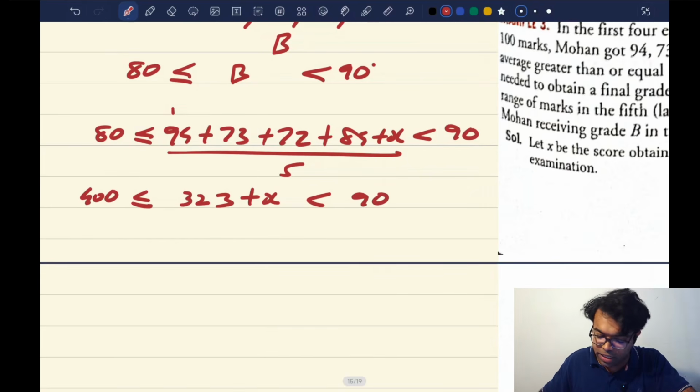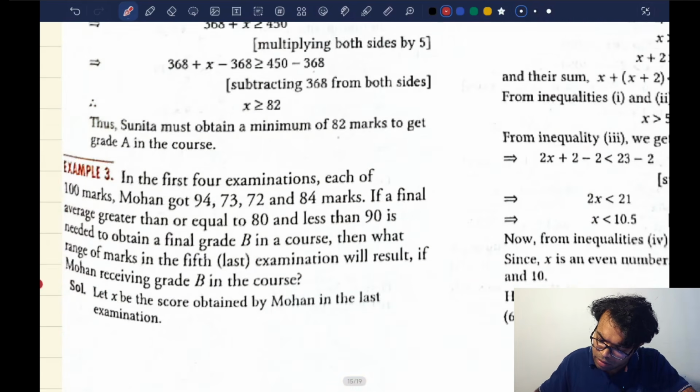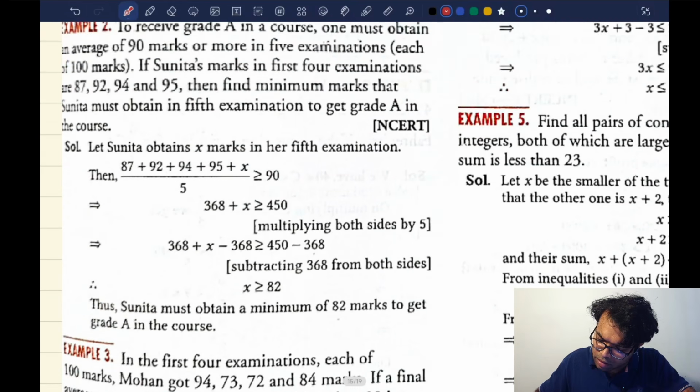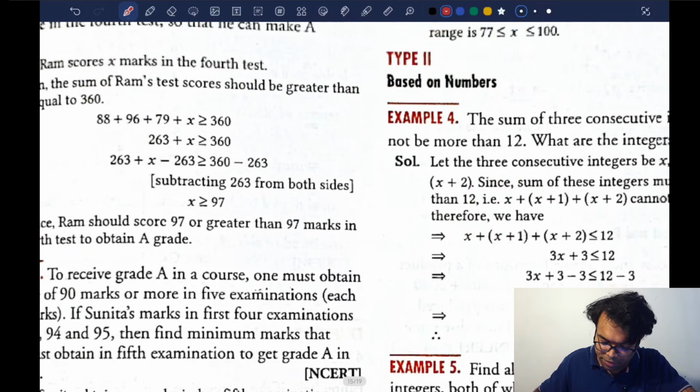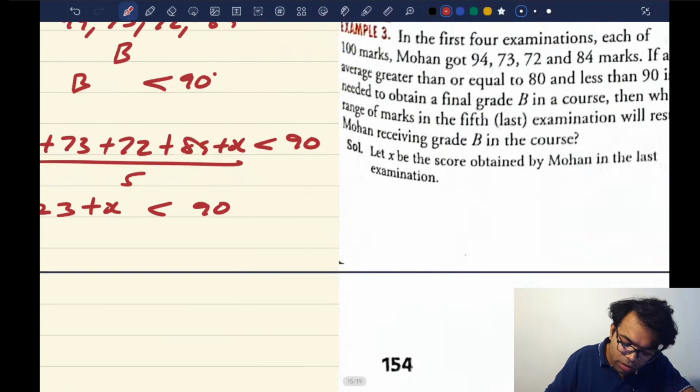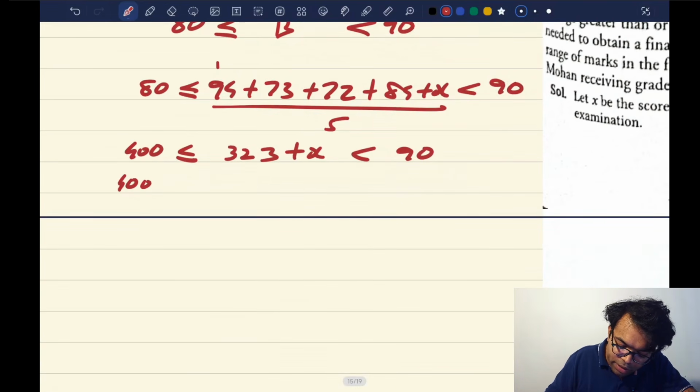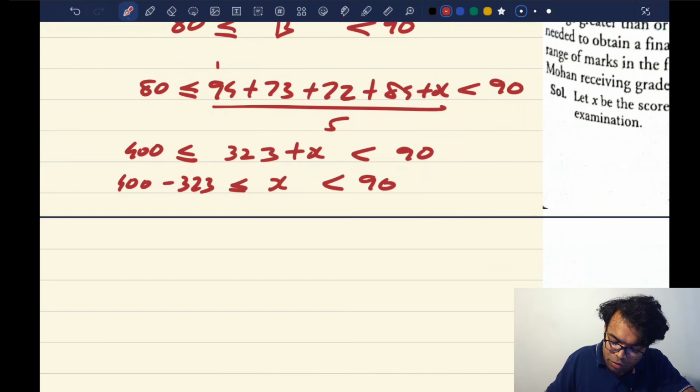Is this correct? 323? Yeah, 323 is correct. Okay, so then I do what?